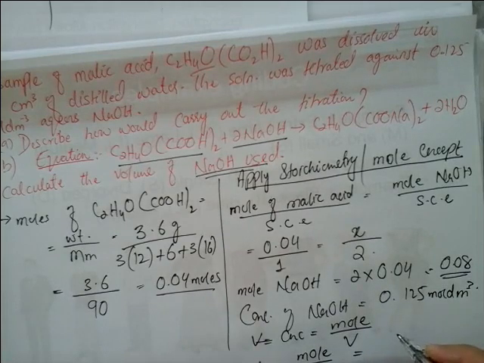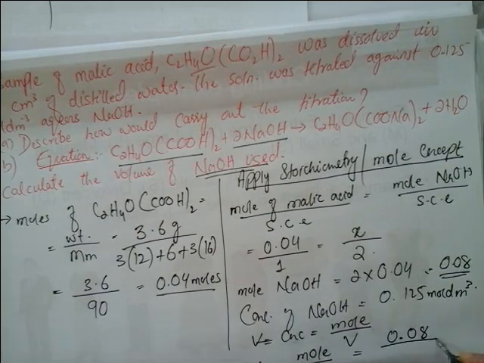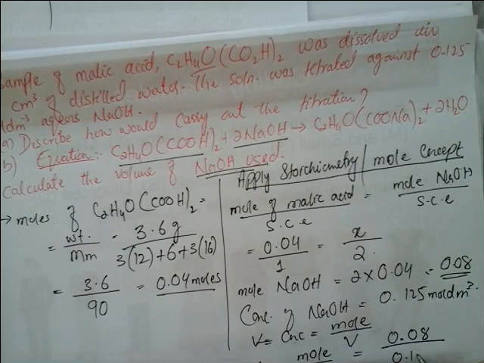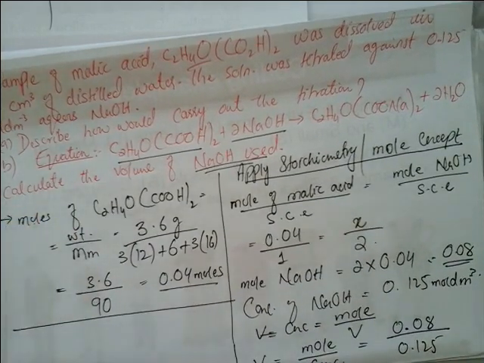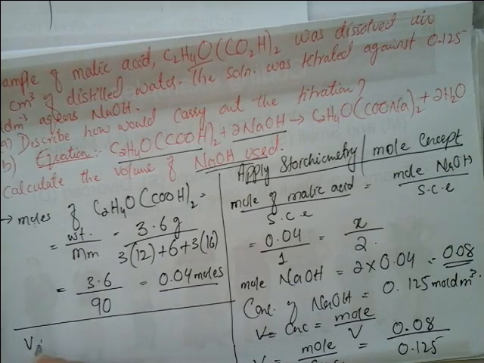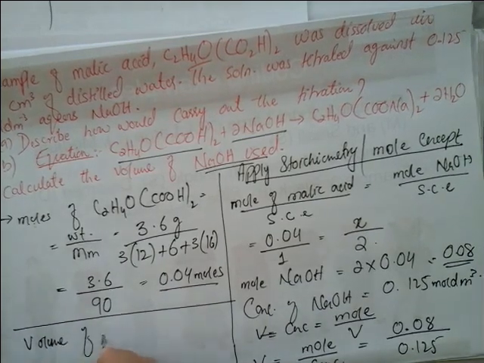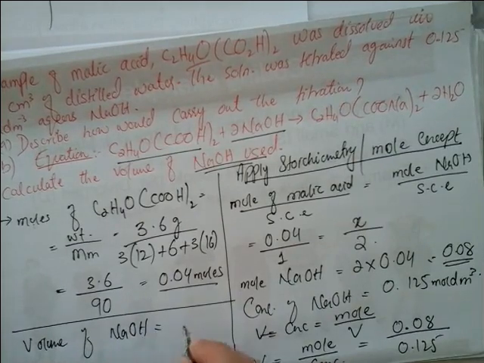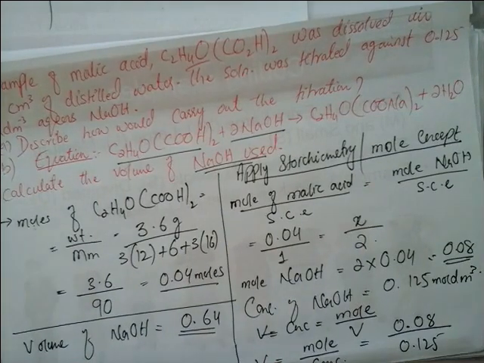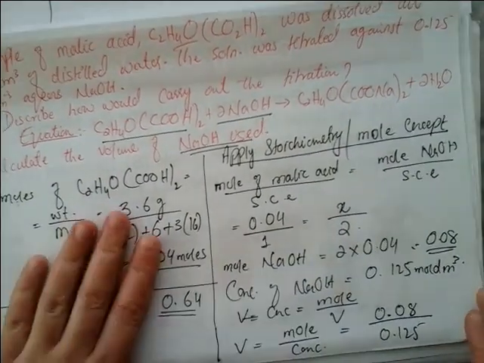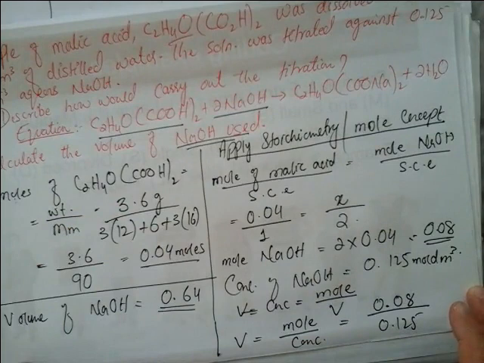So volume is equal to 0.08 divided by the concentration value 0.125, and it comes out to be 0.64. So volume of sodium hydroxide used is 0.64 decimeter cube. So this is the volume of sodium hydroxide that we have achieved.